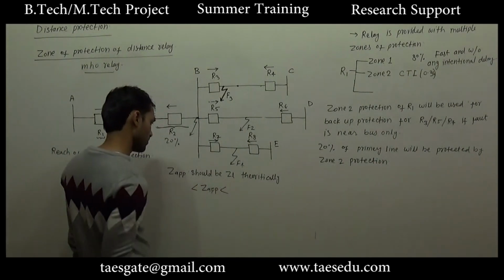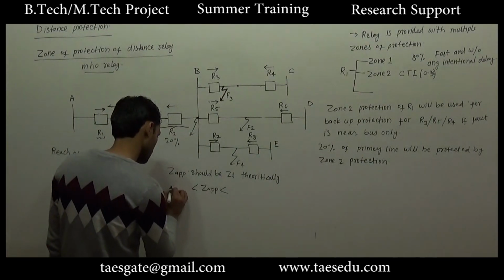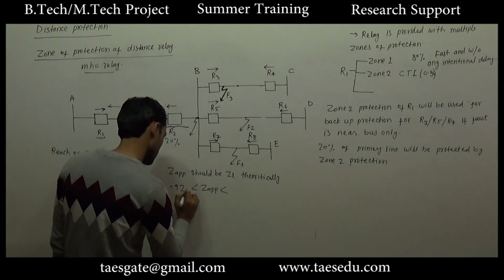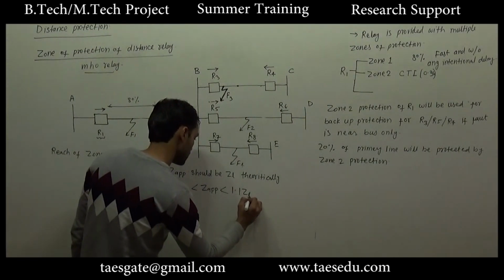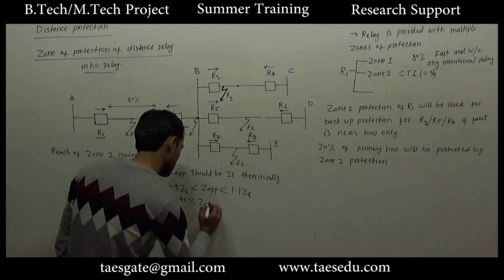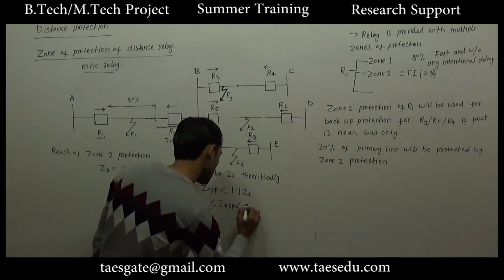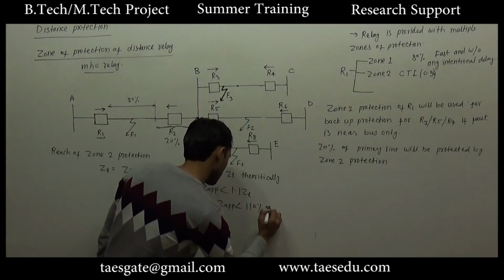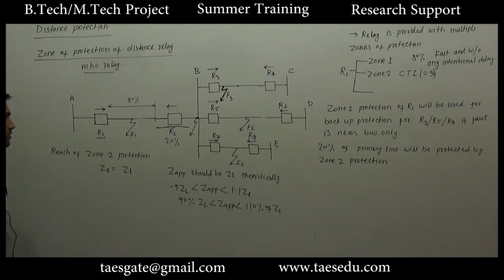Let us consider 5% error or 10% error. So this will be from 0.9 ZL to 1.1 ZL, that is 90% of ZL to Z apparent may be 110% of ZL.